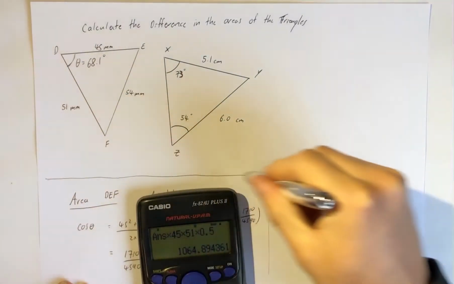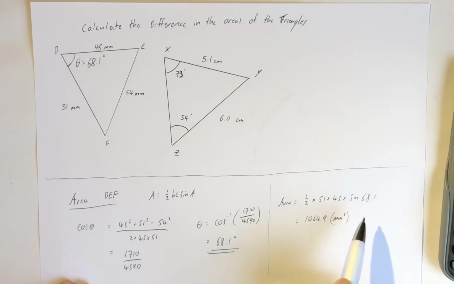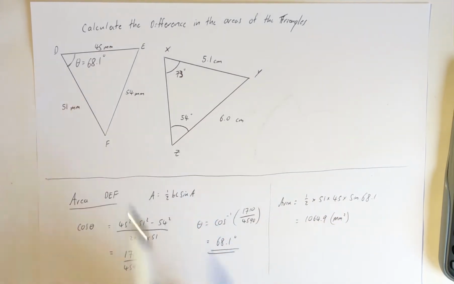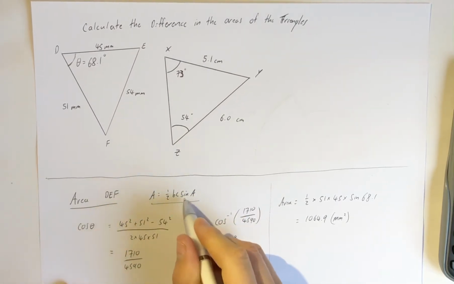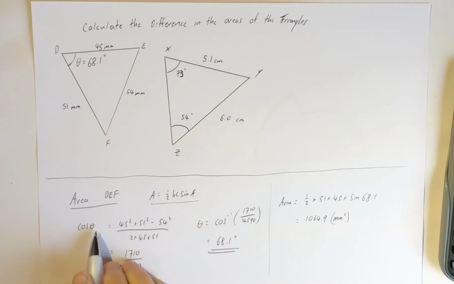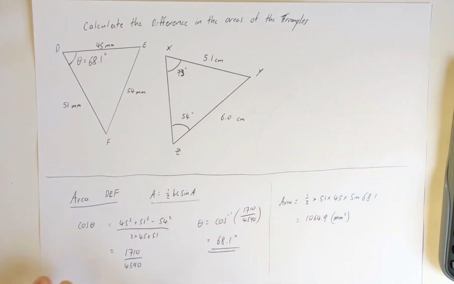So that bottom half of the page is my working for calculating the area of this triangle here. So I use this formula, half bc sine A. I use the cosine formula from the previous video to find the angle so that I could then use the area formula over here.